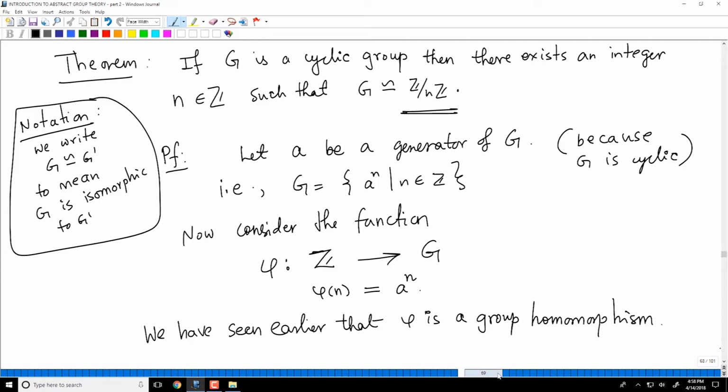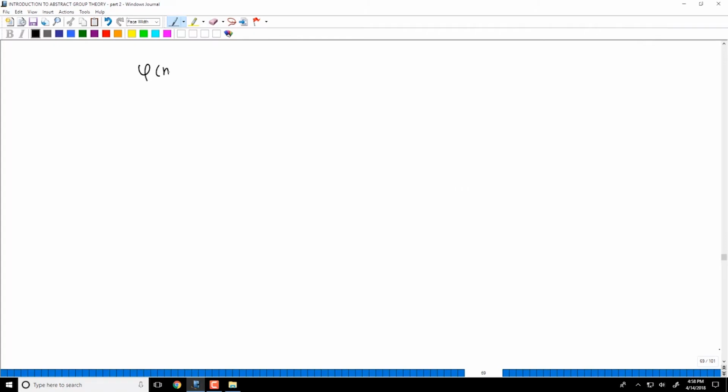Okay, so a quick recall. Remember, we are defining phi of n to be a to the n. We want phi of n plus m. This is by definition a to the n plus m. This is the same as a to the n times a to the m.